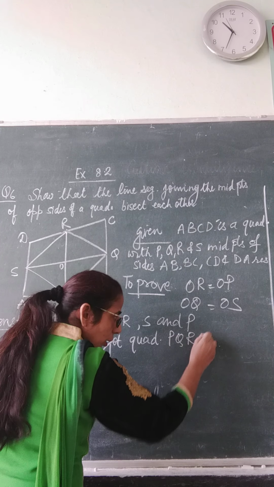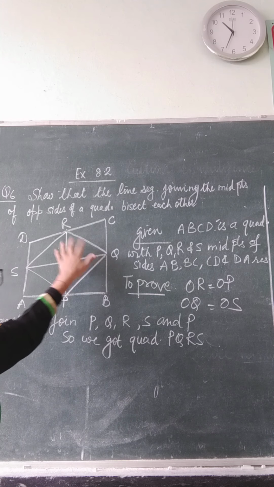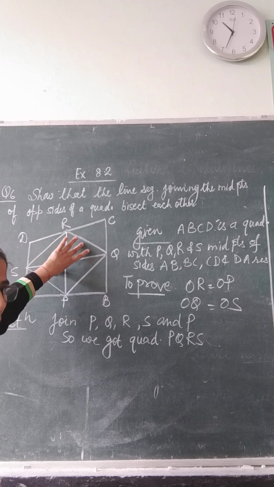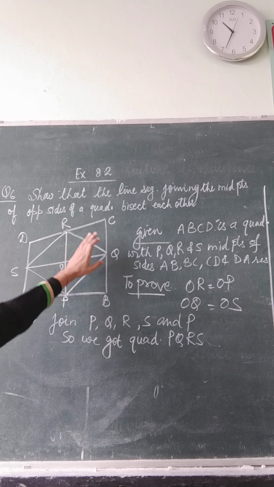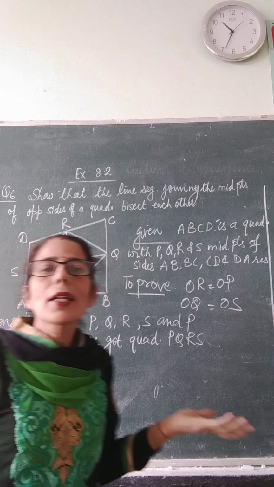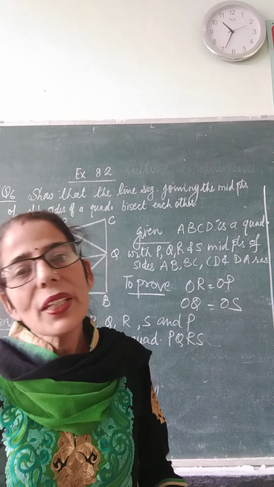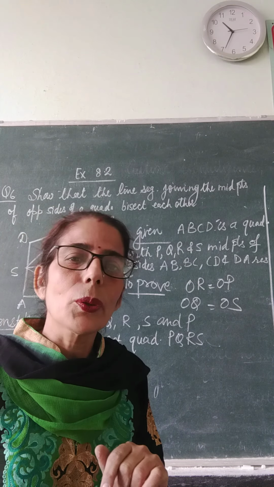Now don't you feel like we are getting this quadrilateral? We will prove this quadrilateral as a parallelogram, and later we will say if it is a parallelogram, either we can directly say that diagonals of a parallelogram bisect each other, or we can prove it also by congruence theorem.